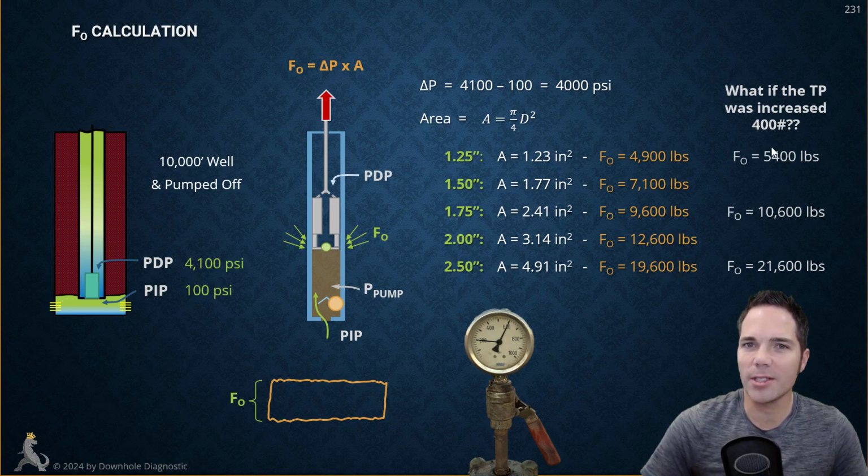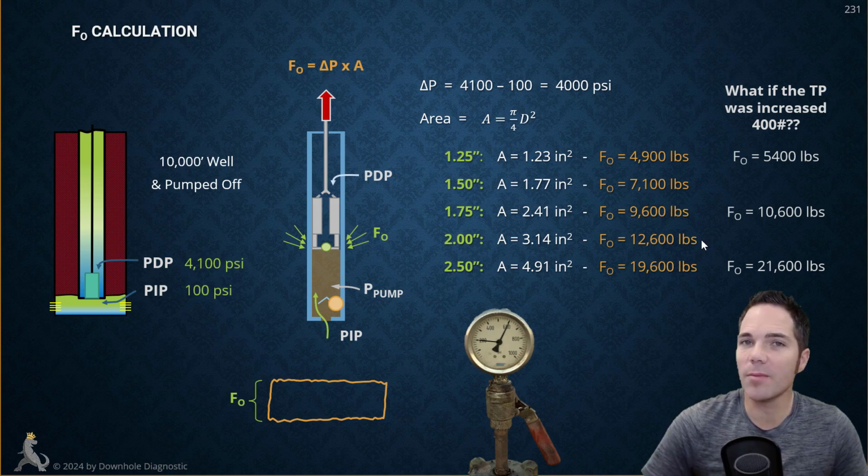Now, why is it 4 times as much? Remember, when you're looking at the area of something, it's the diameter squared. So if we double something, that would be 2 squared, which equals 4x. What's interesting about this illustration is that when you increase tubing pressure, it's going to have a more dramatic effect. It's going to increase your rod loading more. It's also going to increase your rod stretch more if you have a larger plunger diameter.